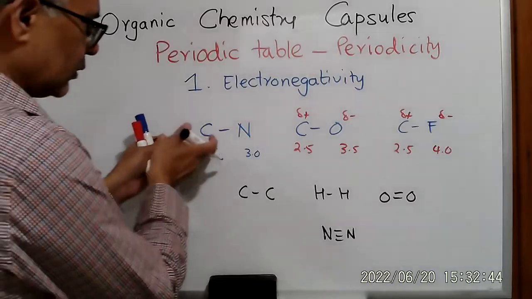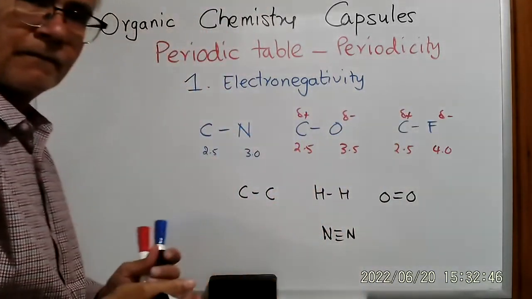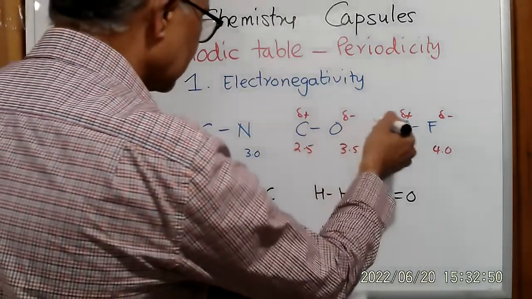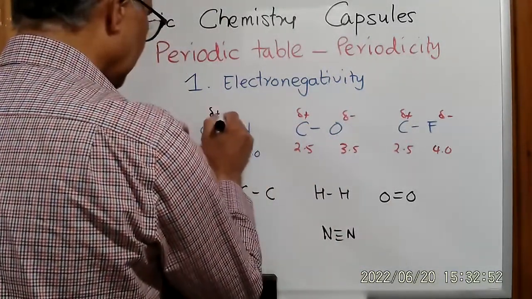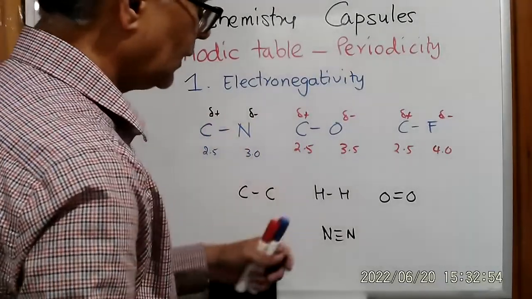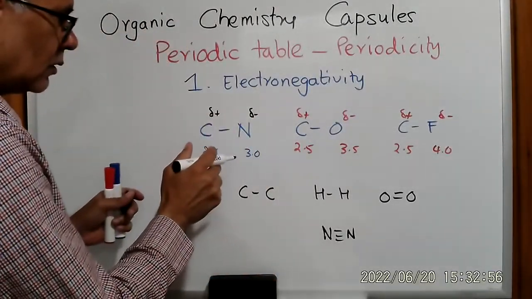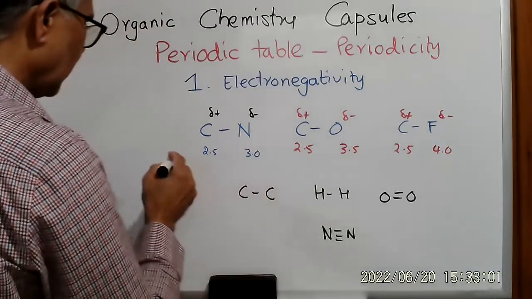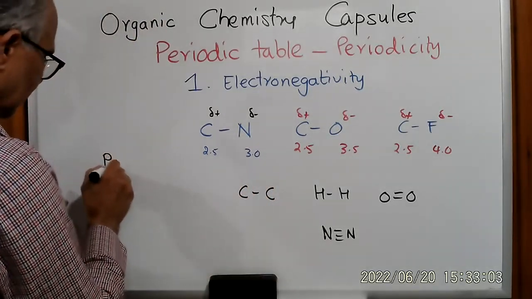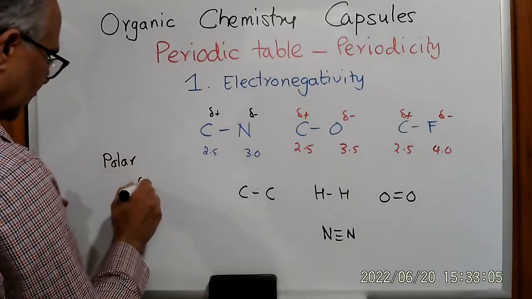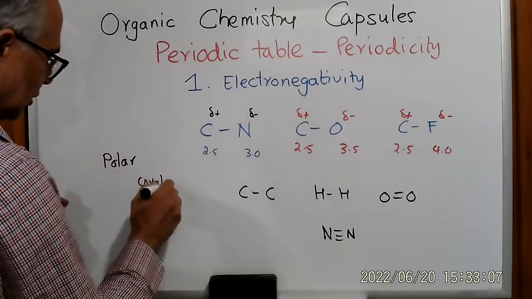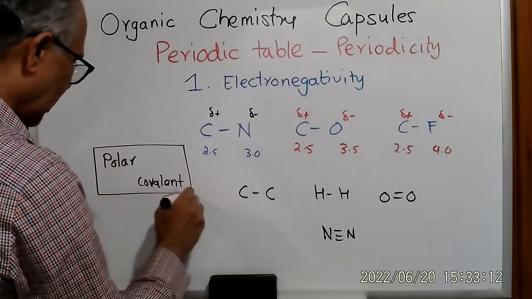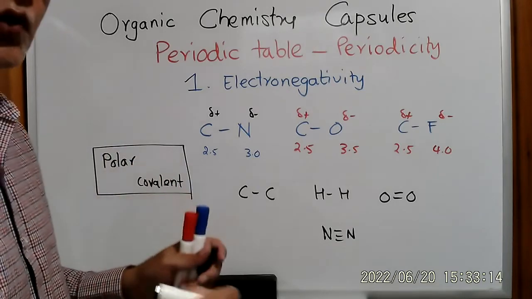But when you come to compounds like this, it's not so, right? You see there's a partial positive and a partial negative, so these bonds are not purely covalent. The chemists came up with a new terminology which describes the type of bond more correctly: a polar covalent bond.